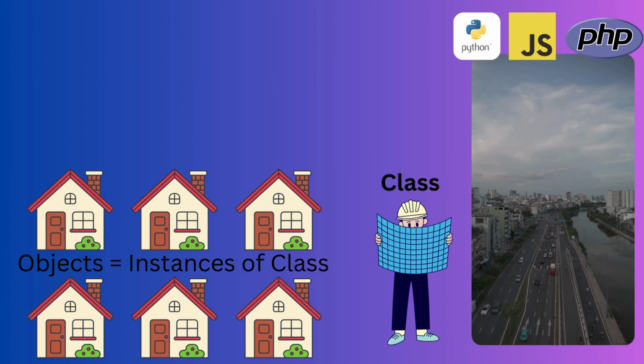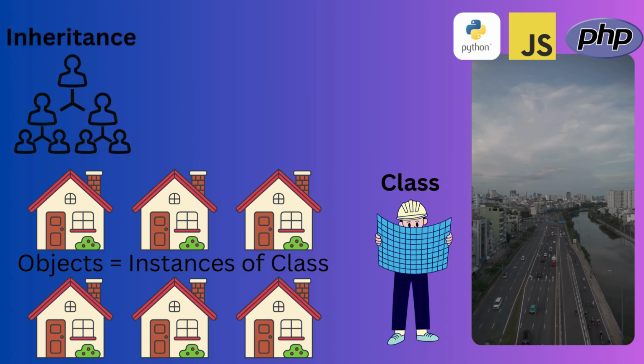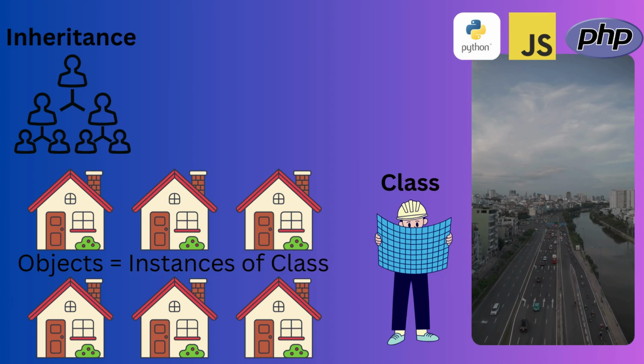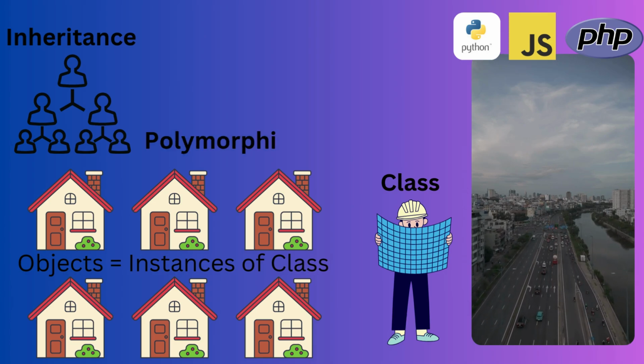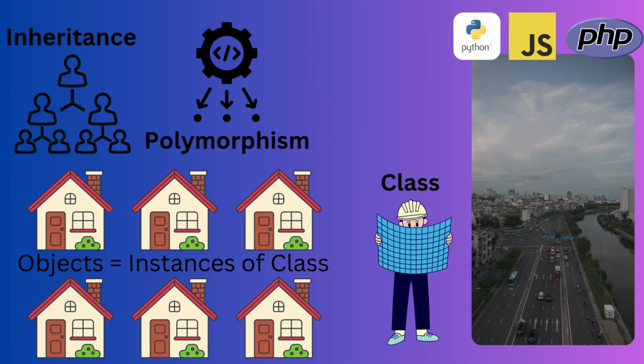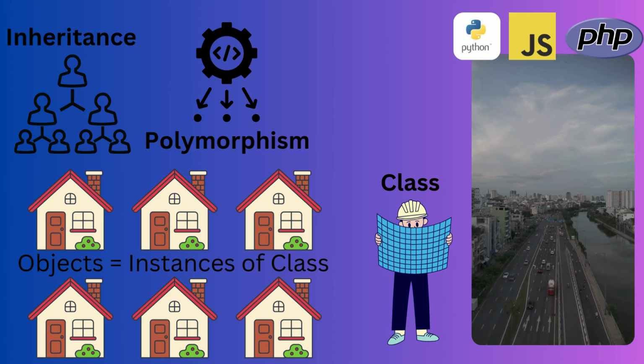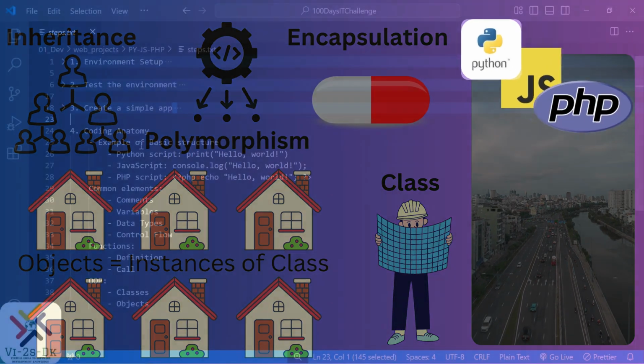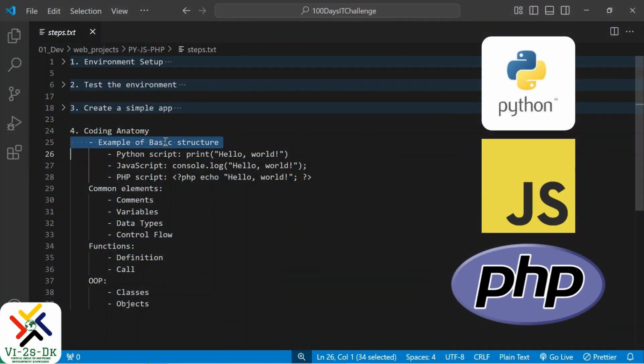So we have a class that acts as a blueprint. We build objects, which are instances of the class. And the key concepts to understand with OOP are inheritance from a superclass, polymorphism, different ways in which you can have attributes shown, encapsulation, and abstraction.